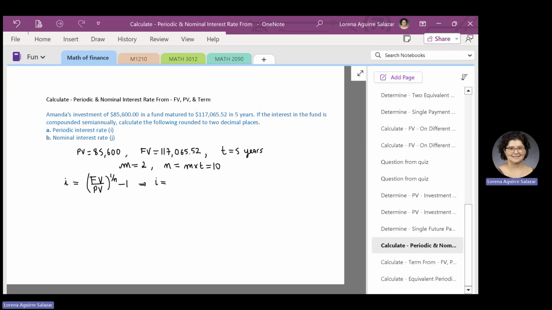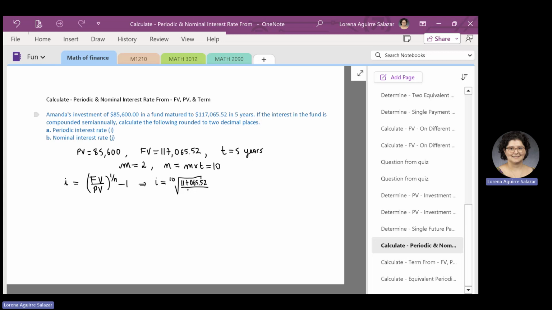So we'll have the 10th root of the future value, 117,065.52, and we divide that by the present value, which is 85,600. And then we subtract 1.